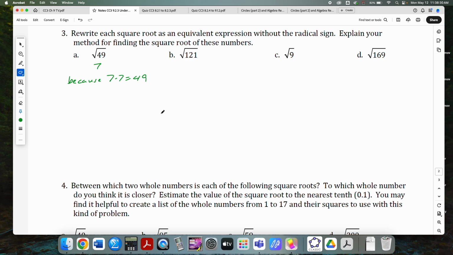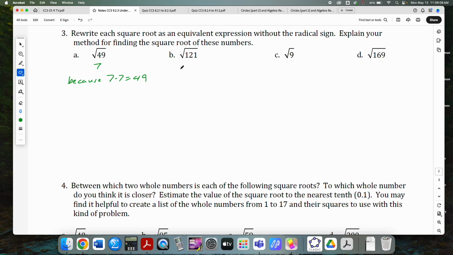Go. Be sure to write your explanations as well.